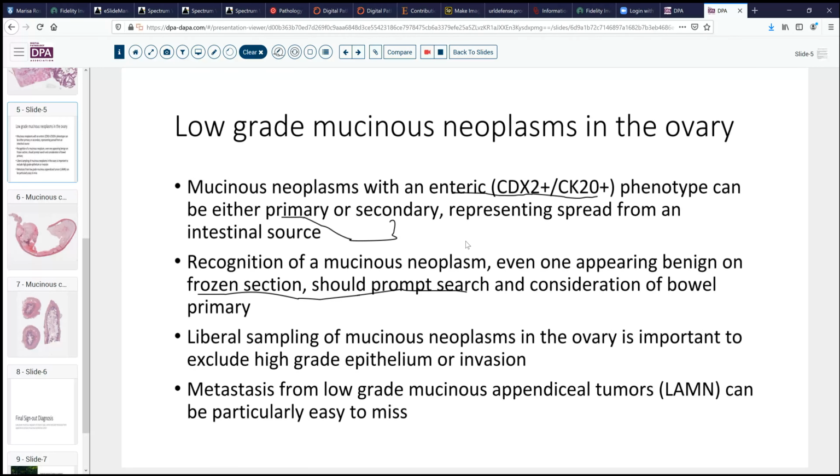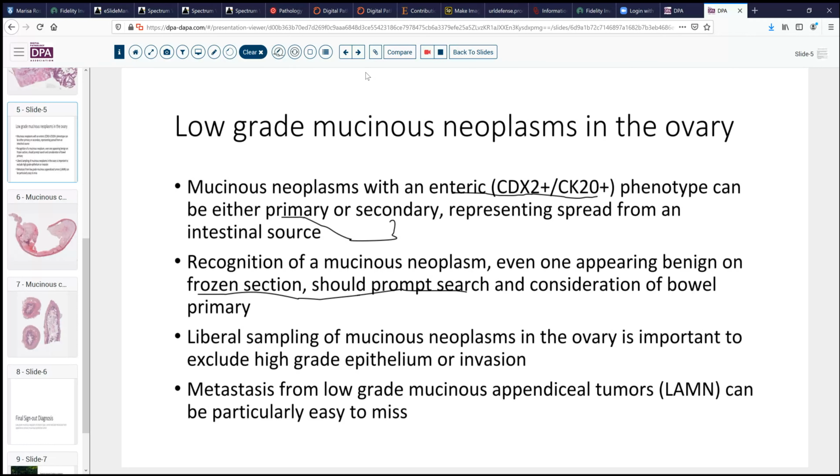Likewise, once we have the specimen, we need to sample it very generously to make sure that we don't have high-grade epithelium or any evidence of invasion. Now, the real problem here is that low-grade mucinous appendiceal tumors, so-called LAMN, are particularly easy to miss, both in the appendix and as a primary tumor or as a secondary tumor in the ovary.